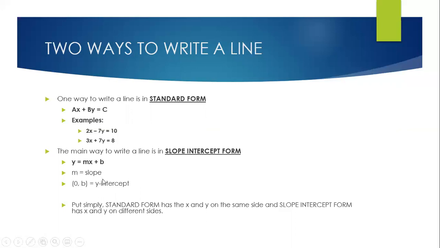Sometimes we use m for other things, but a lot of times when we want to talk about slope, we use the letter m. The difference between the two forms is that in slope-intercept form, y and x are on different sides. Also, y is by itself. And that's going to be important to us as we move on.